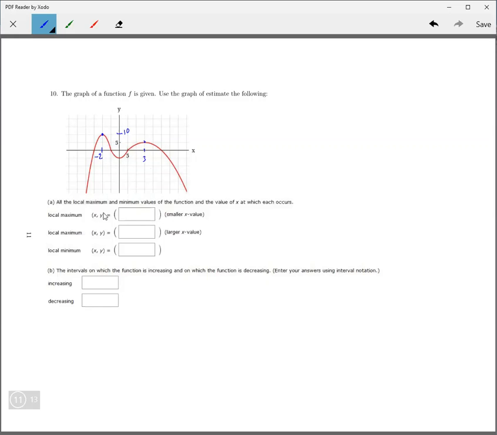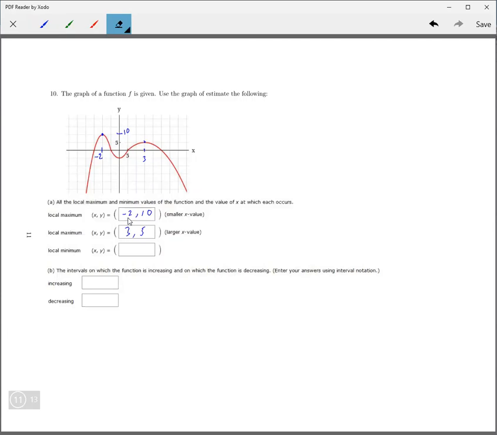And then they want the ordered pair of points this time. So negative 2, comma 10, and then this one is 3, comma 5. Okay, those are the, wait. No, I messed up.